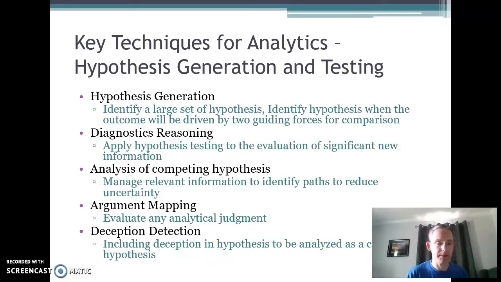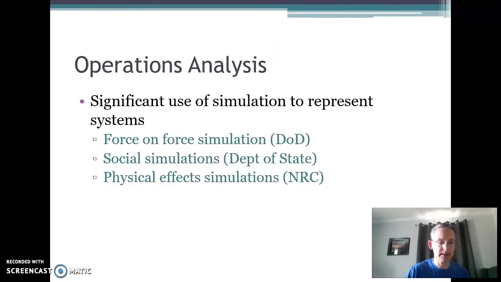You do your argument mapping, just go through the hypotheses and see, well, what if we include deception as one of these hypotheses? What would that do? And how does the data relate to that? So again, we're looking at all these things and trying to figure out, as we look at this problem, are we not making mistakes? Are we assuming things incorrectly? And then do the analysis based on a technique that will avoid that.